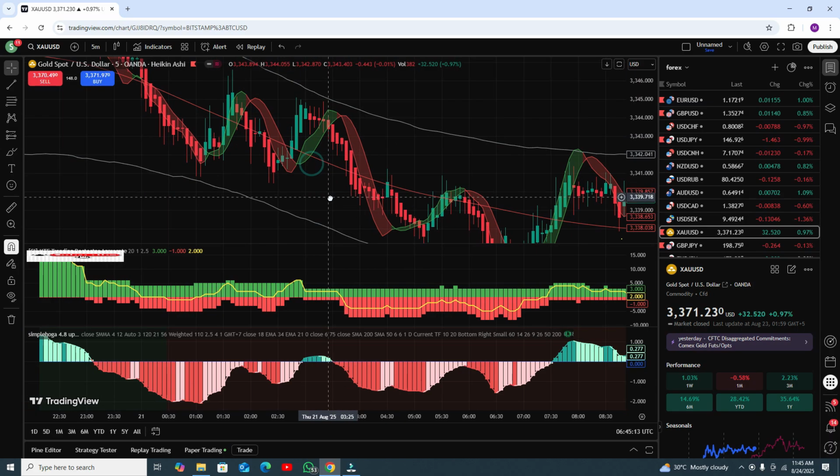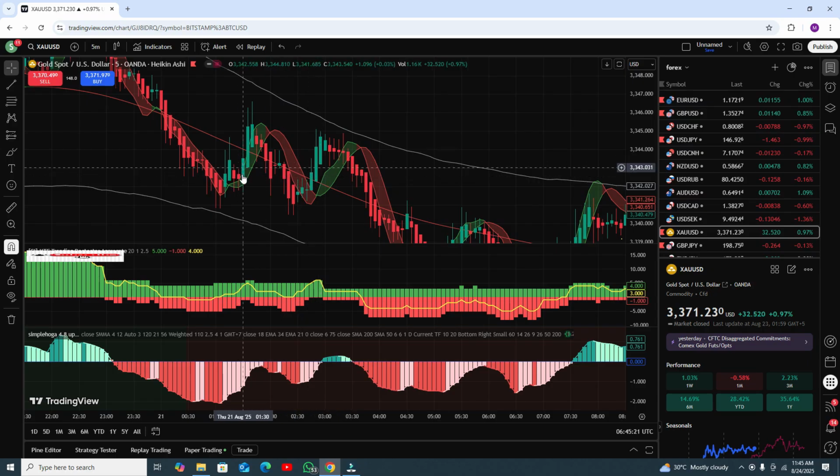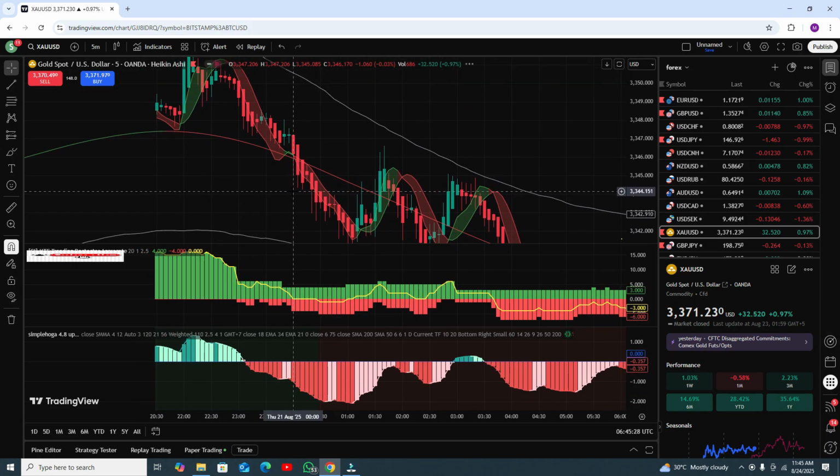That's it. Okay, at this kind you can go for the buy trade, but this is not an effective one. Let's find out more entries. Sell one. At this point you can take entry, take small profit, close the trade.